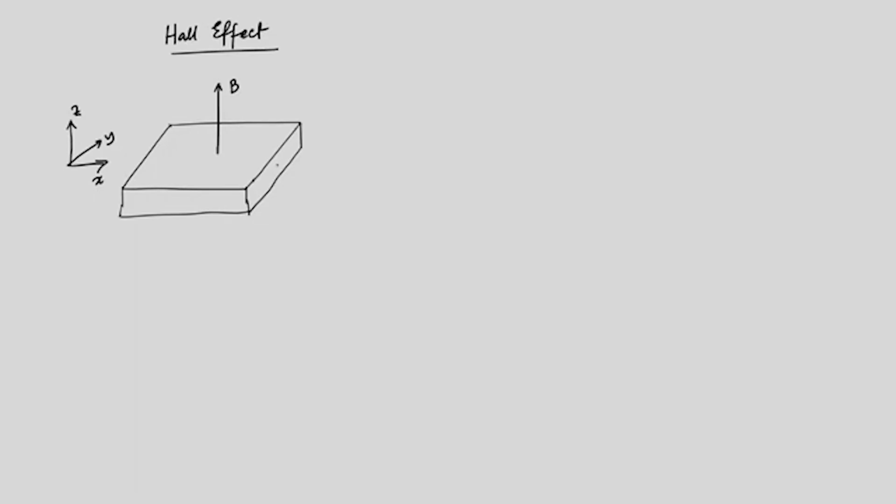So this is the experiment, and one sends a current density in the x direction. Because the magnetic field is in the z direction and there is a current flowing in the x direction, there is a Lorentz force, which we'll call FL, equal to q v cross B. Right now we are not worrying about the sign of q, which we'll do a while later.